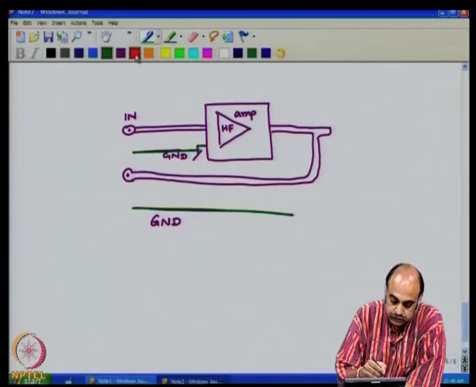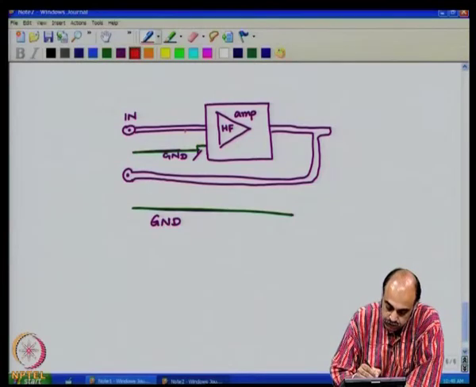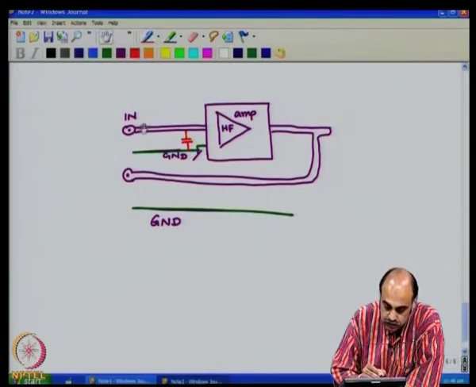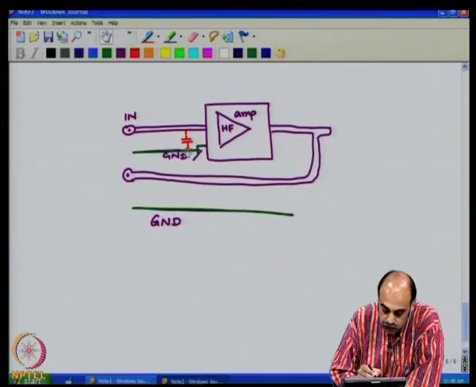Now, the problem is I could have a capacitance between this track and this track. There is capacitance between the input track and the ground line here.